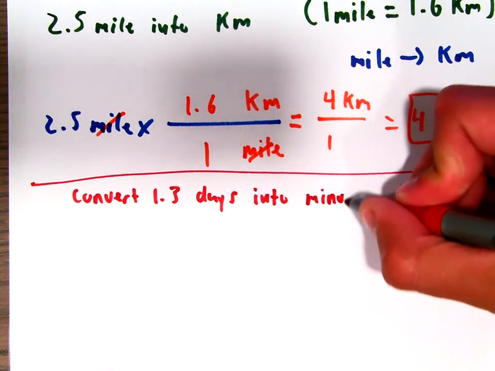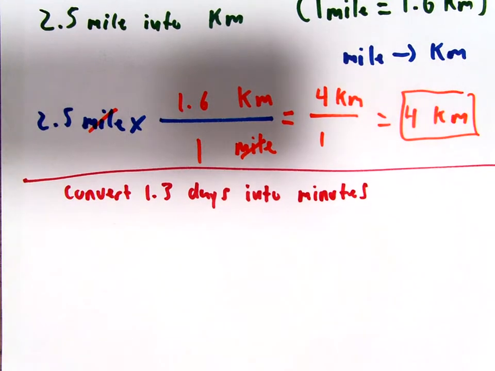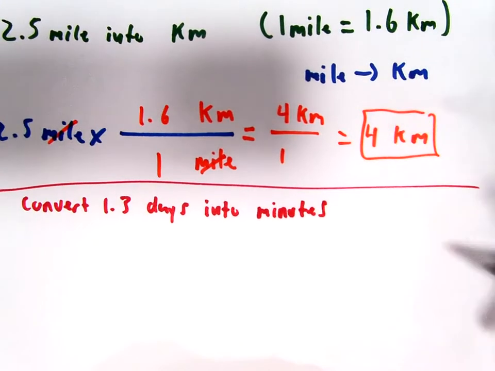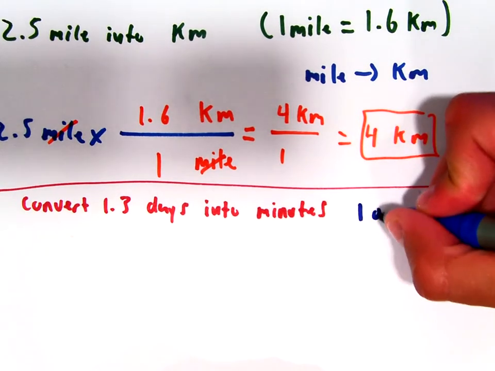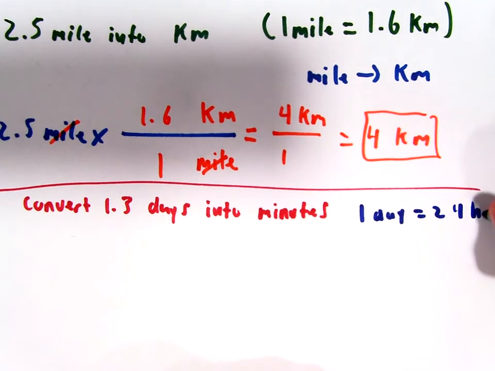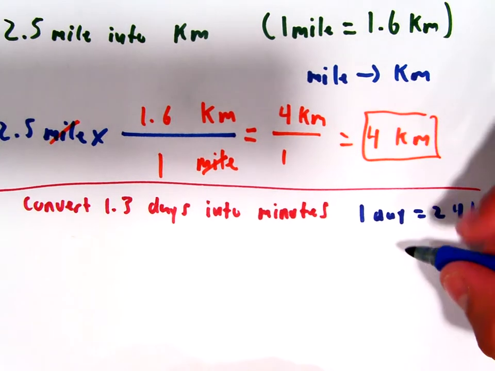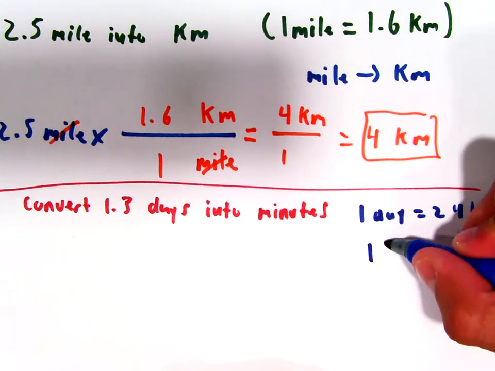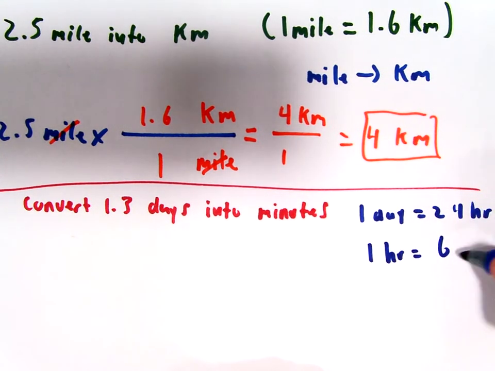If I ask you off the top of your head how many minutes are in a day, you probably don't know that, right? But how many hours are in a day, we should know that. 1 day equals 24 hours. And how many minutes are in an hour, we know that as well. 1 hour equals 60 minutes.